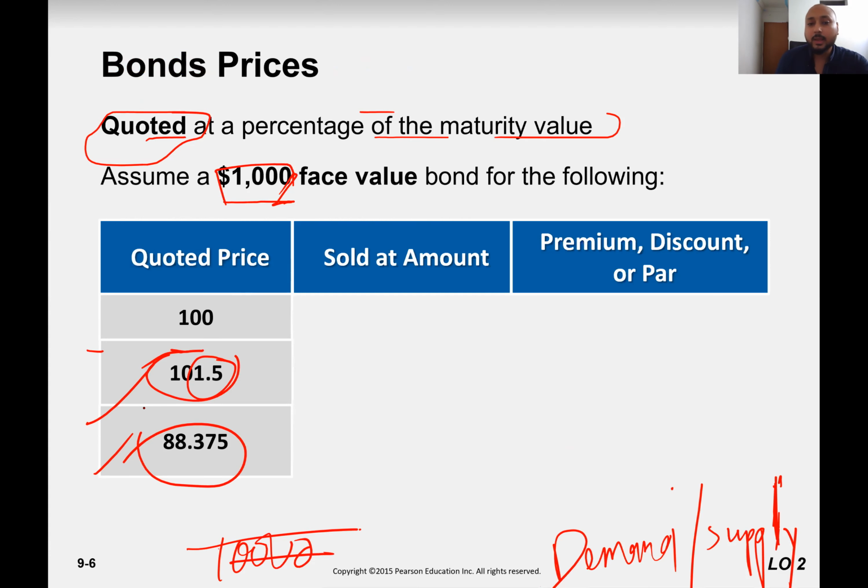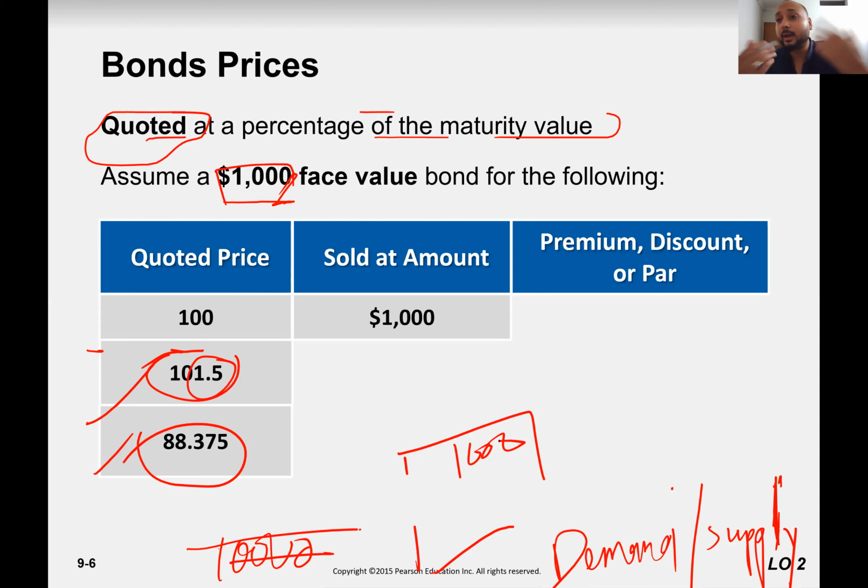So if the quoted price is 100, what does it mean? Its selling price is 1,000. So its value written on the face of the paper is 1,000, and it is selling in the market at 1,000.